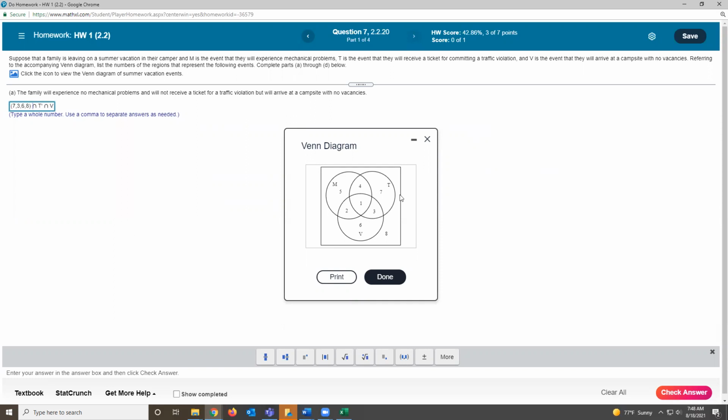Similarly, T is 4, 7, 1, 3. So the complement of T will be 5, 2, 6, and 8. And V is just 2, 1, 3, 6.